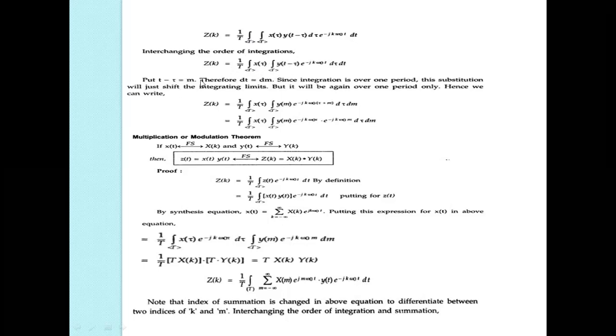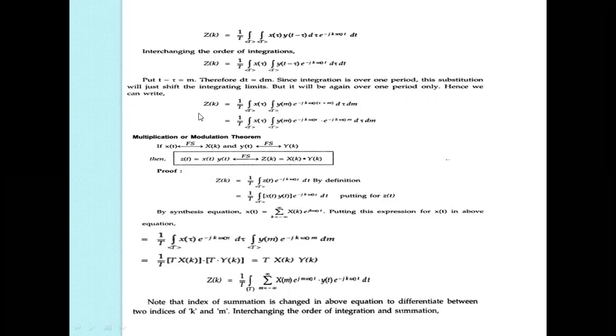As usual, by substituting t minus tau is equal to m, therefore dt is equal to dm. Since integration is over one period, this substitution will just shift the integration limits, but it will be again over one period only.